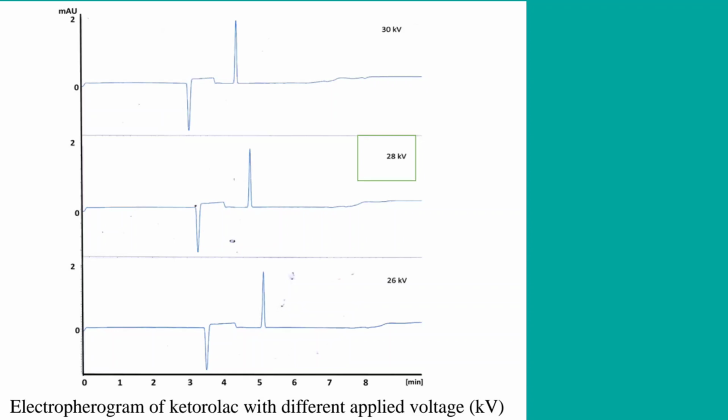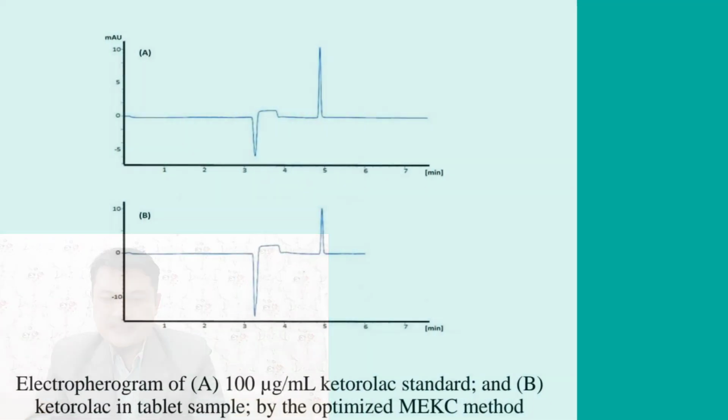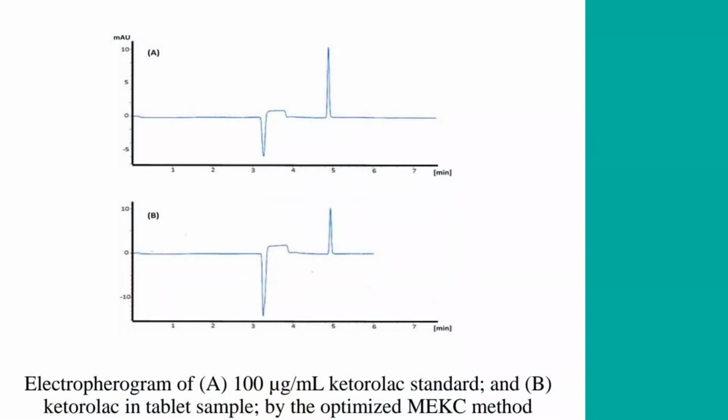So this is the application of the optimized MEKC method for the analysis of ketorolac in tablet samples. In this electropherogram, as can be seen in this figure, the ketorolac standard migrates at about 5 minutes, and for the ketorolac in the tablet sample, the migration time is also less than 5 minutes.